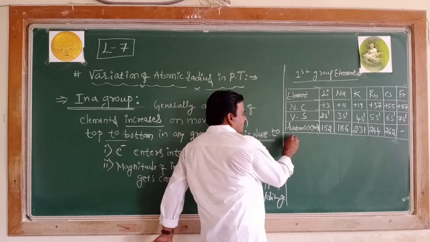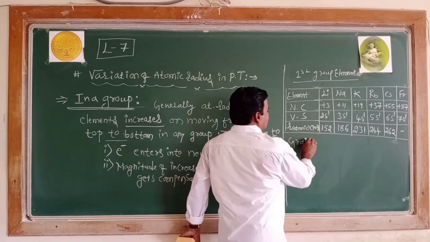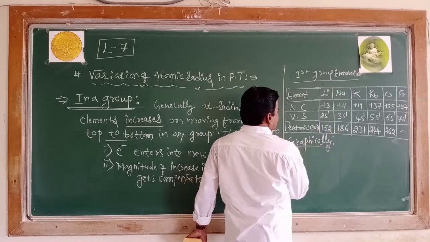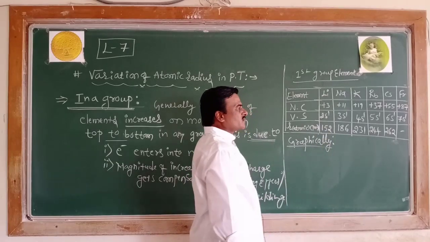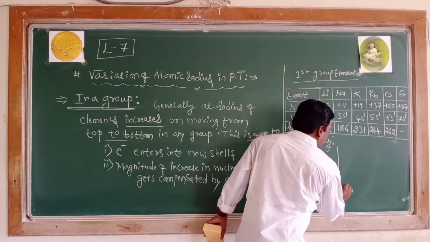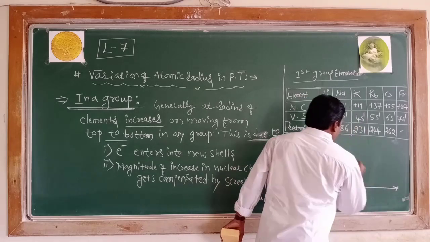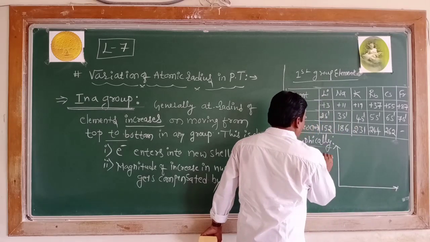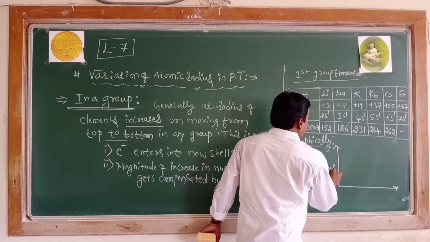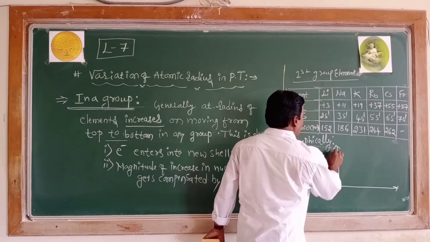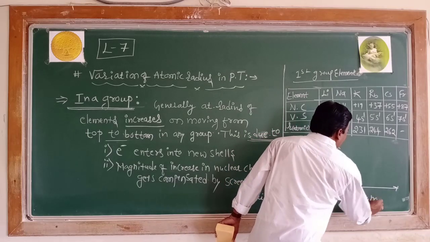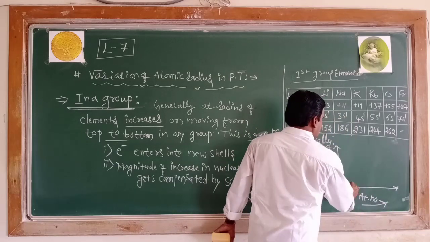So graphically, we can check the trend of this atomic radius by plotting these values. Atomic radius in picometer is plotted along the y-axis, atomic number along the x-axis.